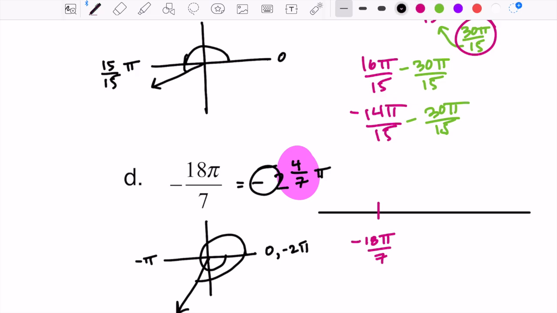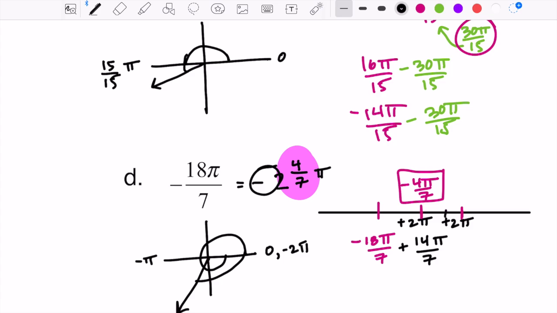And then in order to find a positive one, we're going to add 2 pi. And 2 pi is going to be 14 pi over 7 when we have the common denominator, which is actually going to still give me negative 4 pi over 7. So that is actually not a positive one yet. It's a negative one, but that's okay because we have to do the two closest.